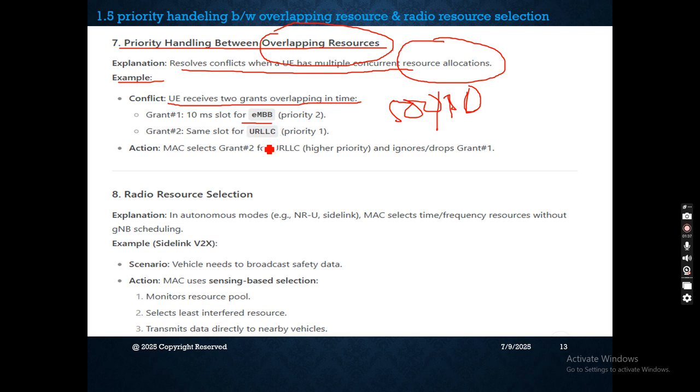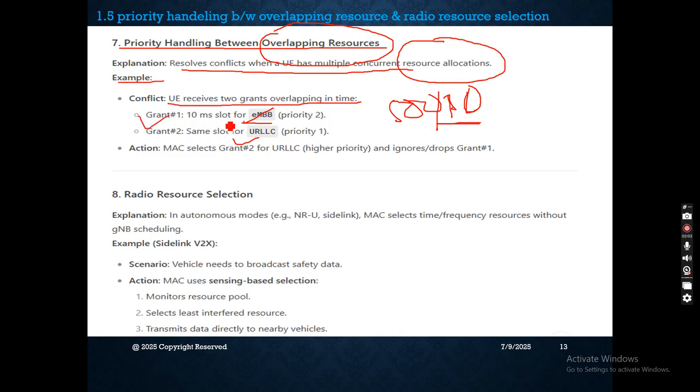We have defined multiple services: one service is eMBB, enhanced mobile broadband, and another is URLLC. As per the 3GPP table, the priority of URLLC is high compared to eMBB, but the grant is allocated on the same slot or same time. What will happen?